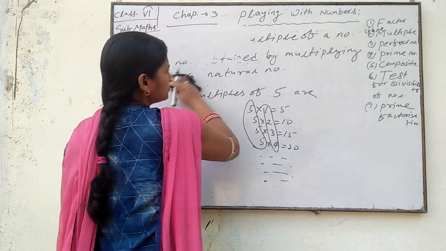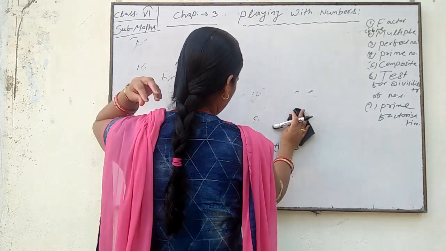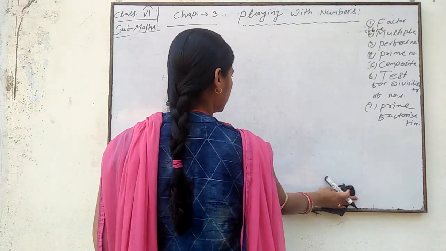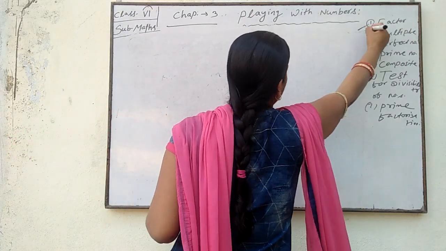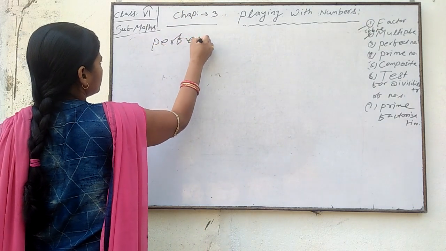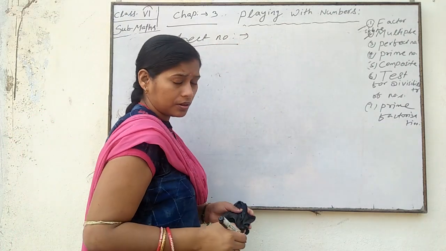Now the third point is perfect number. What is a perfect number?